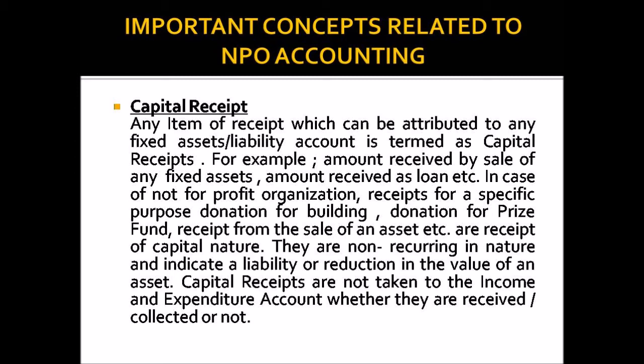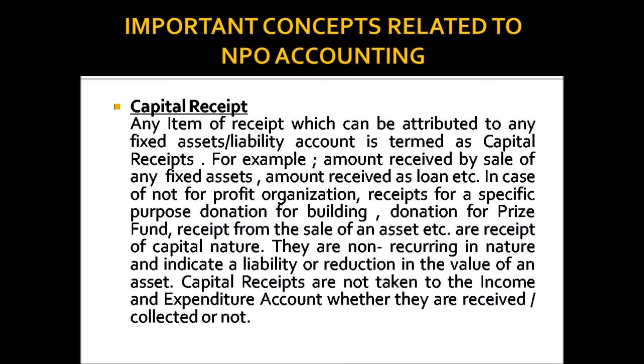Read with me. The first is capital receipt. It says any item of receipt which can be attributed to any fixed asset or liability account. For example, amount received by sale of any fixed asset, amount received as loan. In case of a not-for-profit organization, receipts for a specific purpose, so donation for building, donation for prize fund.